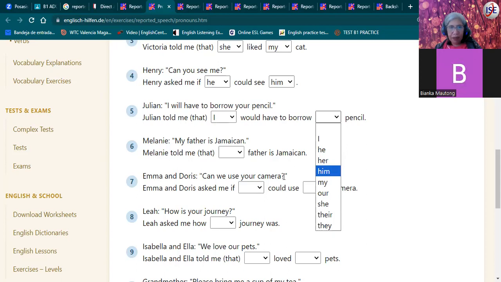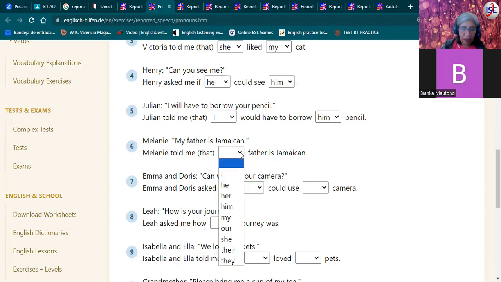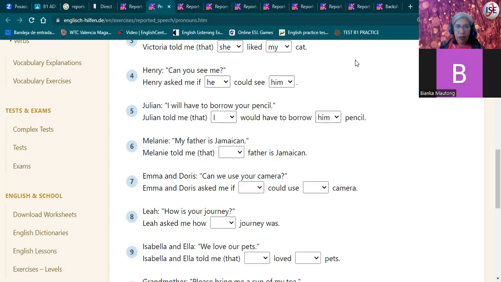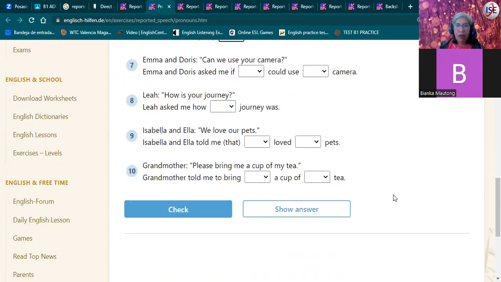Melanie, my father is Jamaican. Melanie told me that her father is Jamaican. Emma and Doris, can we use your camera?